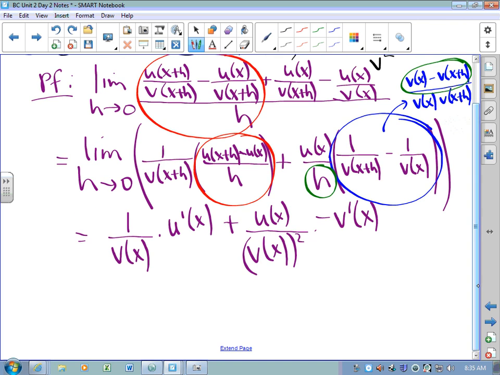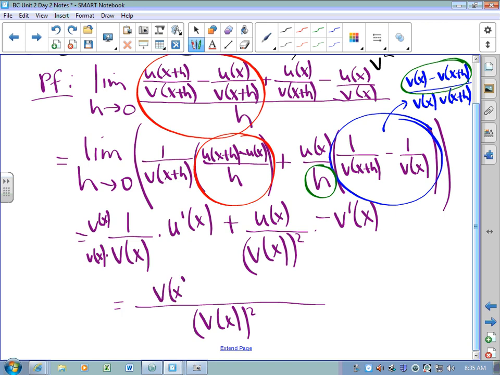So what happens? I want to combine those things with a common denominator. That common denominator is v of x squared. To get that, I've got to multiply here by v over v. So what have I got?